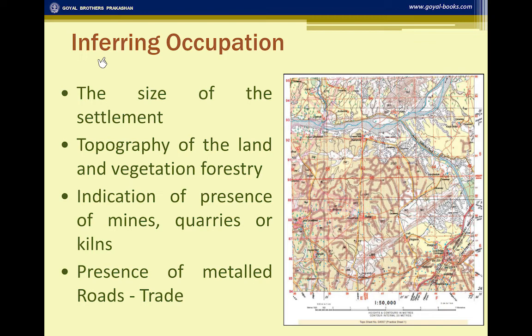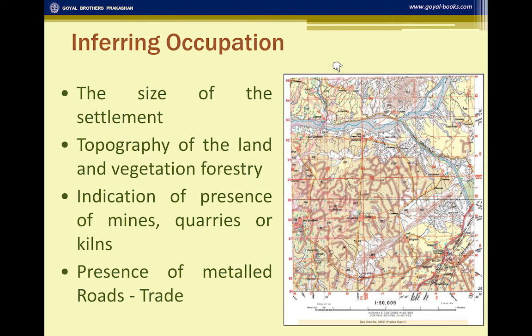But suppose there was an annual fair there, or a lime kiln or brick kiln is there, or there is a metal road going by, or a railway line crossing.